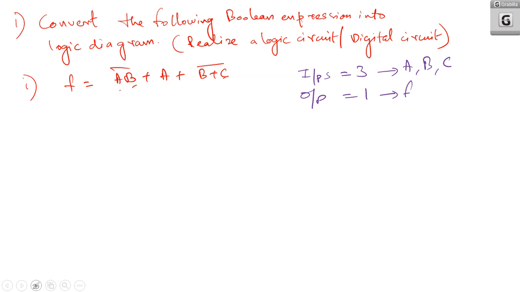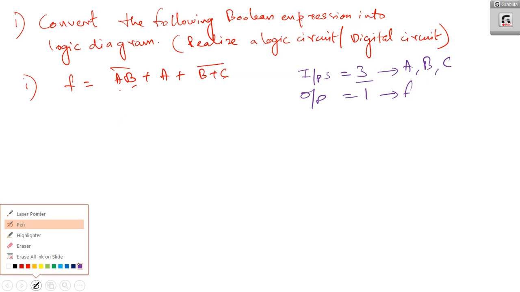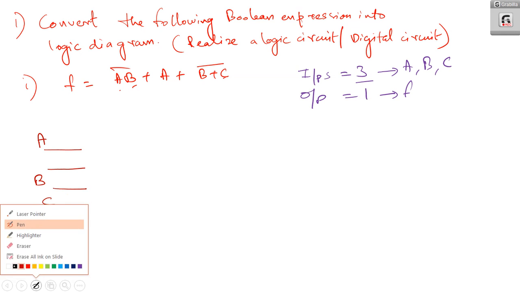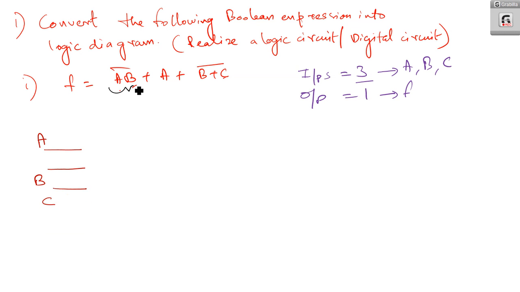Okay. So first you need to give 3 inputs, like A, B, C. Now what is the first element? First element is A B bar.